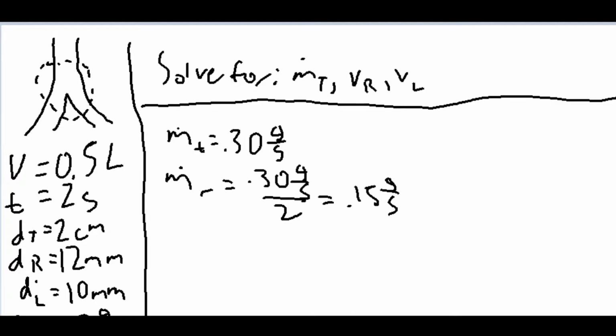And the velocity of the air in the right bronchus is going to be equal to the mass flow rate over the area, which is going to be pi times d over 2 squared, times the density of the air.